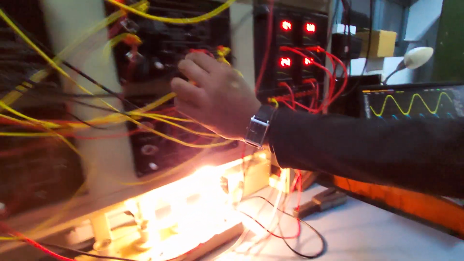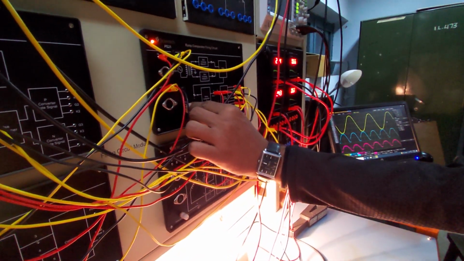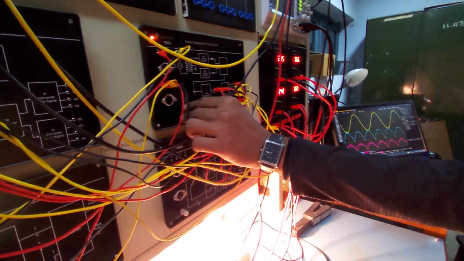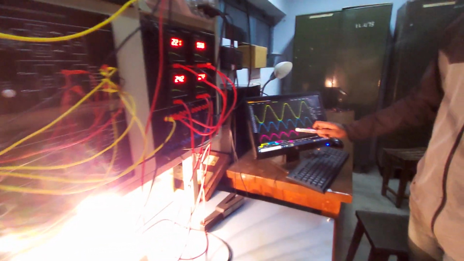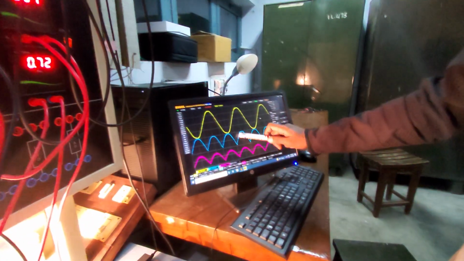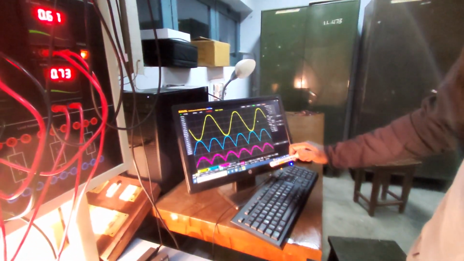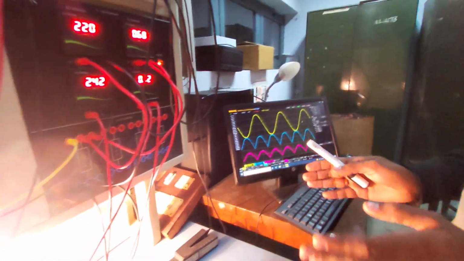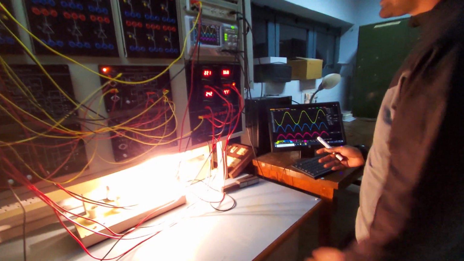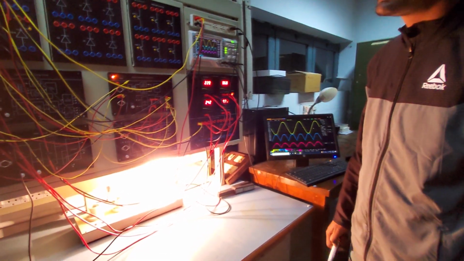So we can understand that if I change the firing again to about 10 degrees or approximately 0, we get an uncontrolled rectifier output voltage, like a diode rectifier output. So what is the conclusion? If we change the firing, we can get a variable output DC voltage.